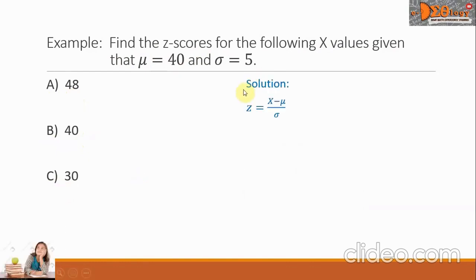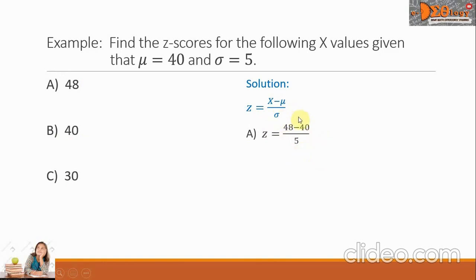Let us now write the formula of the z, that is capital X minus mu over sigma. Let's begin with problem A. X equals 48. So we have here z equals 48 minus the mu 40 over the sigma 5.